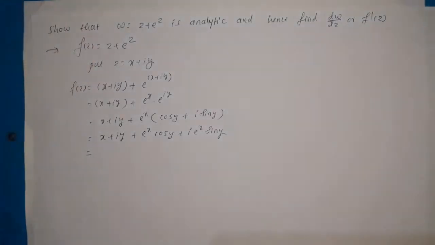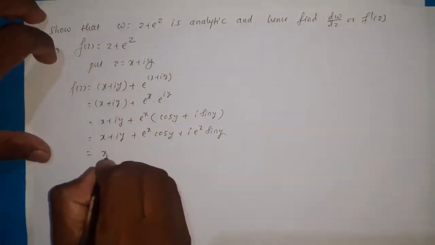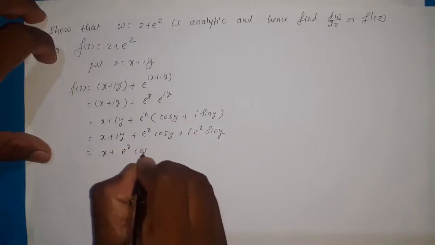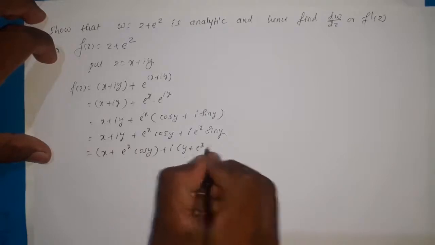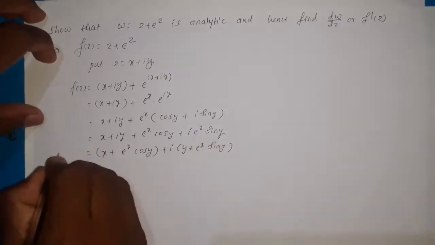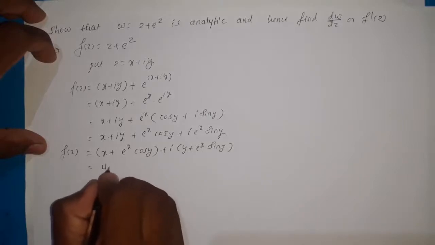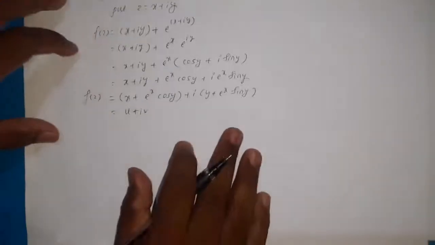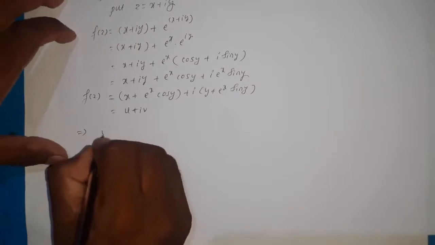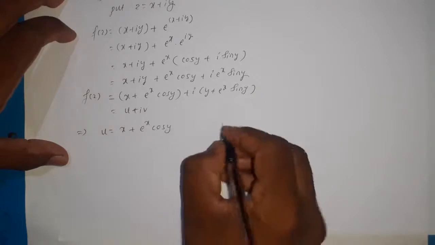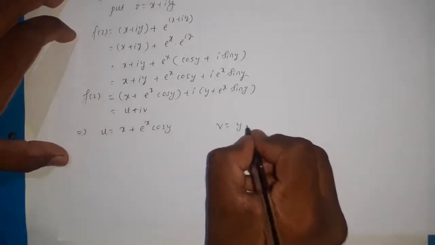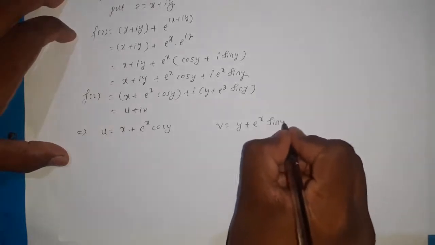Then collecting the terms which are multiplied by I and not multiplied by I, it is x plus e power x cos y plus I into y plus e power x sin y, which is equal to f of z, equal to u plus iv. So it implies that u is equal to x plus e power x cos y and v is equal to y plus e power x sin y.